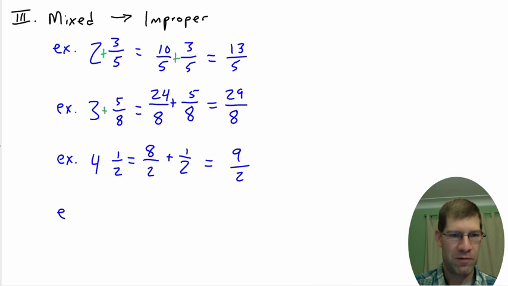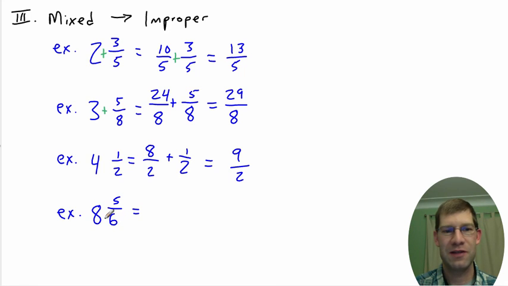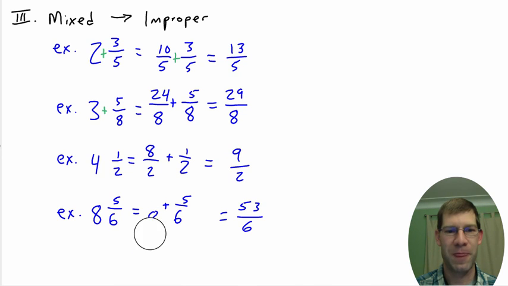Maybe one more if you need it. If you don't, you can just skip this one. But 8 and 5/6, so 8 times 6 is going to be 48 plus 5, so we should end up with 53/6. And if you want to do it the long way, we have our 5/6, and I have 6 there for the denominator.